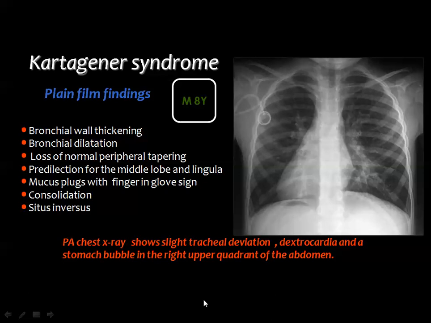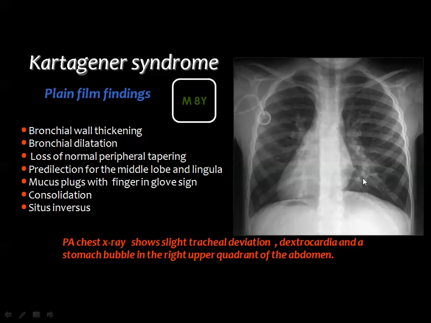And these are the plain X-ray findings in patients with Kartagener syndrome. Number one, you appreciate the presence of dextrocardia, and also you can see that the air bubble in the stomach is to the right side of the midline, denoting situs inversus. If you look carefully at the chest X-ray, you are able to see that the bronchial wall is thickened, but many times you cannot appreciate the presence of bronchiectatic changes.